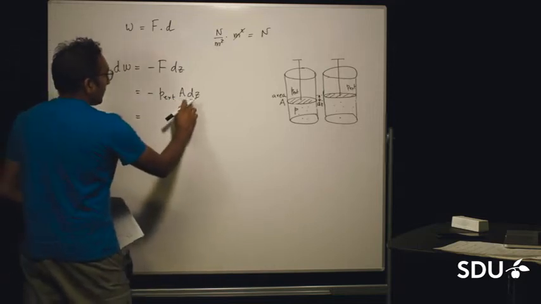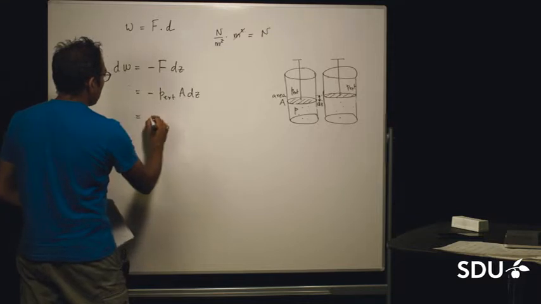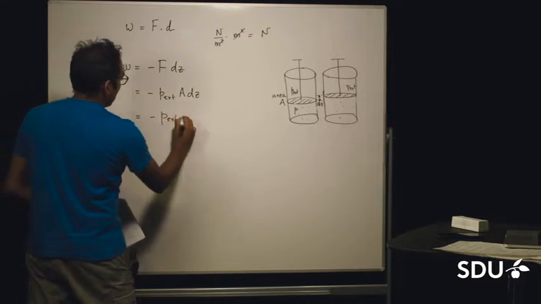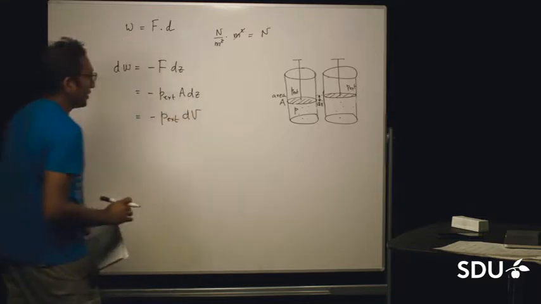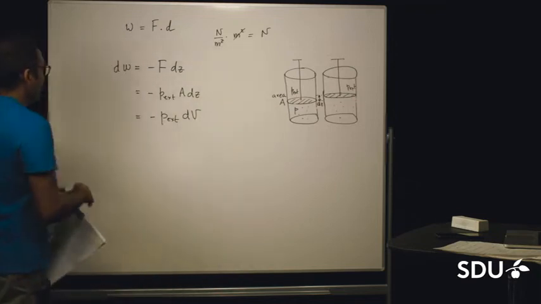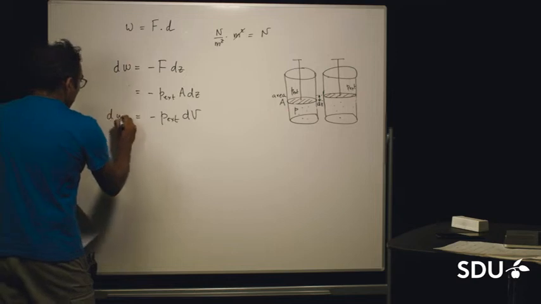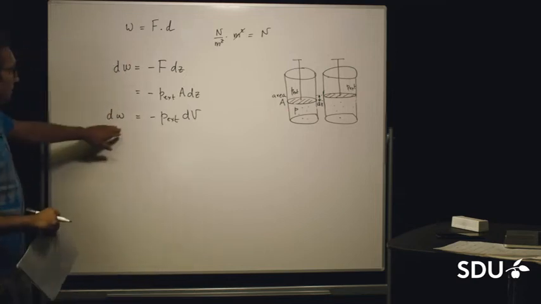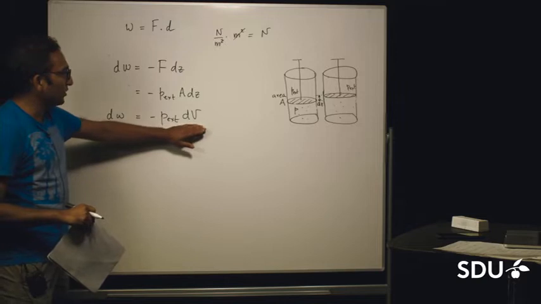The area multiplied by the differential movement of the piston is the differential change in volume of the gas. Thus, the amount of work done is equal to the external pressure multiplied by the differential change in volume.